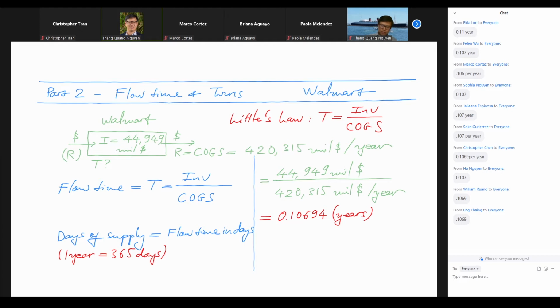We take 0.10694 years, and instead of 1 year, we multiply by 365 days. It's not difficult at all. If we calculate this, it's going to be 39.03 days.